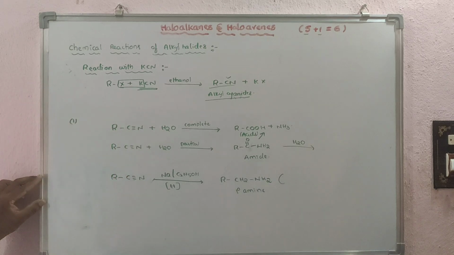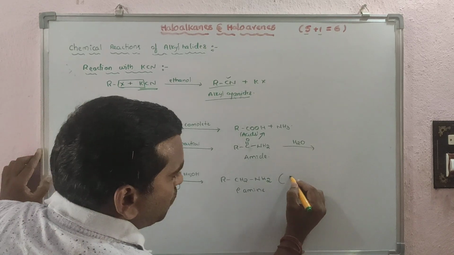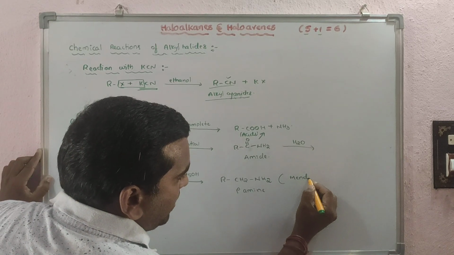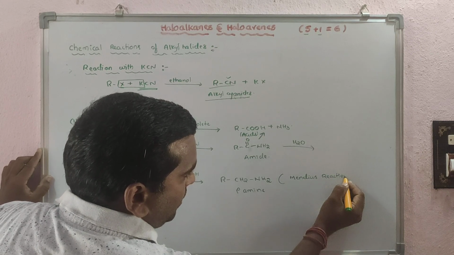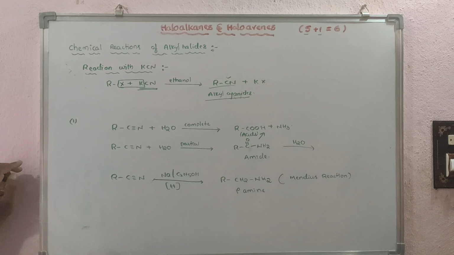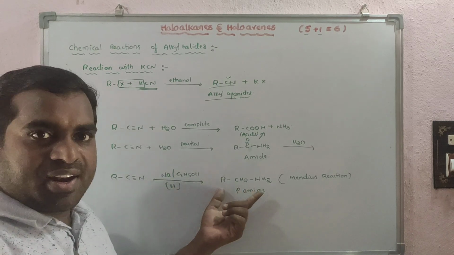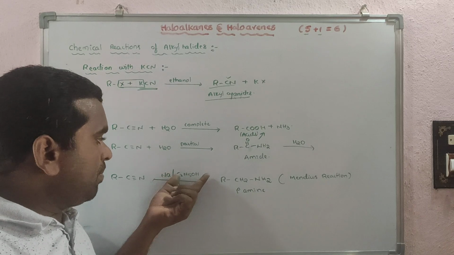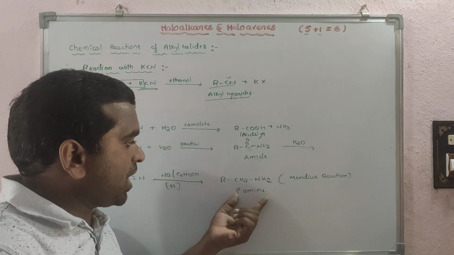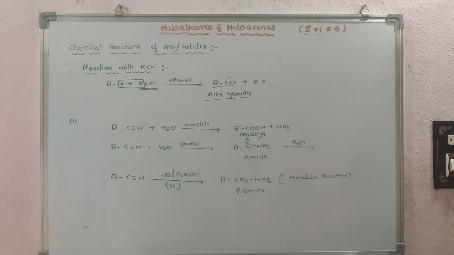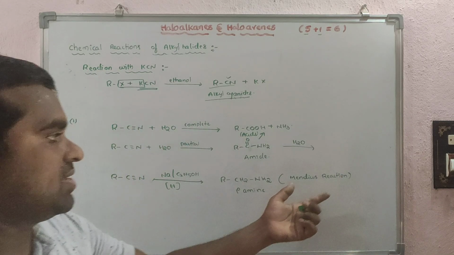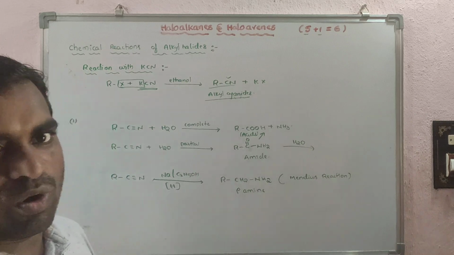This reaction is very, very important. We call this reaction the Mendius reaction. This was asked in the recent IIT Mains examination. Clear? So cyanide reduction with sodium in alcohol produces primary amines and is called the Mendius reaction, or Mendius reduction.